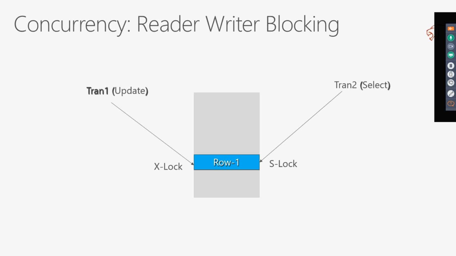It will just read the red value, right? So in this case, transaction 2 was not getting blocked, because it went and read the older version of the row. Now this is something you can enable in your database using what we call read committed snapshot, and I'm going to show you that example. This is exactly what Oracle provides.